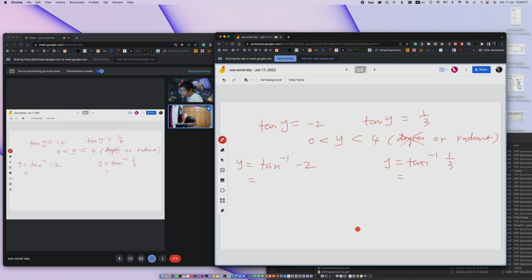Tangent inverse negative. Oh, by the way, you can write it out. Yeah, please write it out because I think you can. Yeah, you are the editor already.